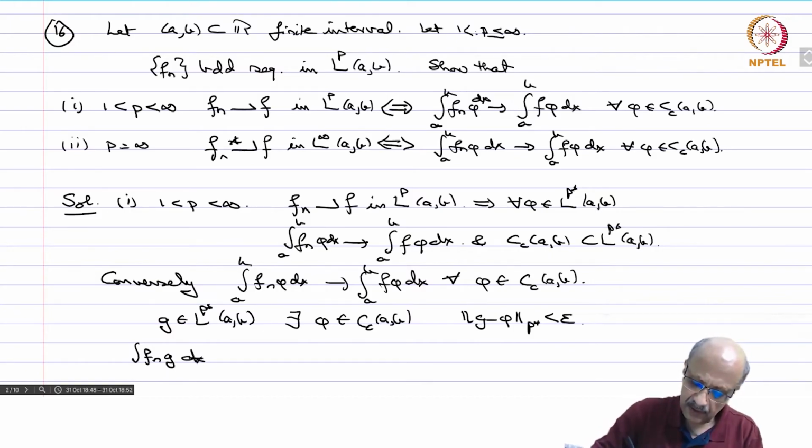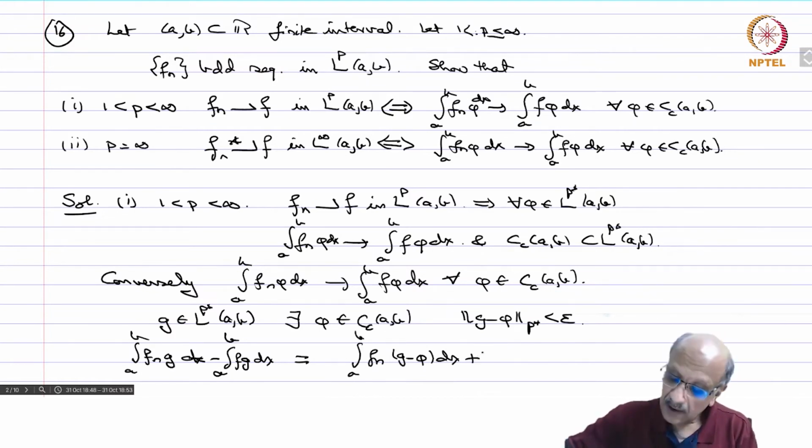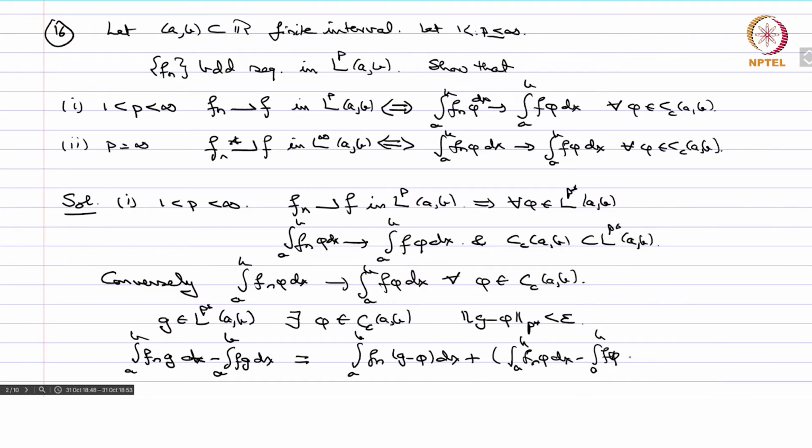Okay, so then the integral of f_n g dx minus the integral of f g dx, always between a and b, is equal to the integral from a to b of f_n (g minus phi) dx, plus the integral from a to b of f_n phi dx minus the integral from a to b of f phi dx, plus the integral from a to b of f (phi minus g) dx.